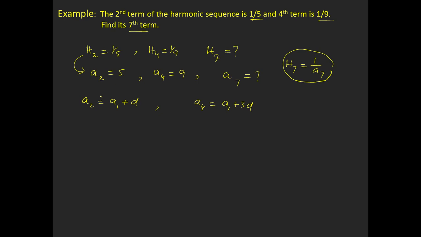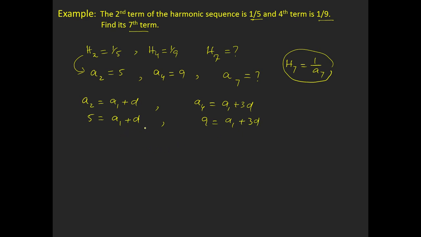A2 is given, that is 5, but A1 is not given, and d is not given. And over here A4 is given. That is 9, and A1 is not given, and d is not given.